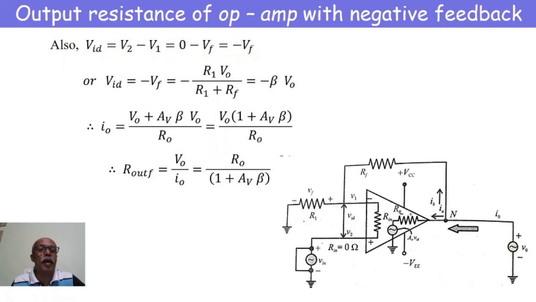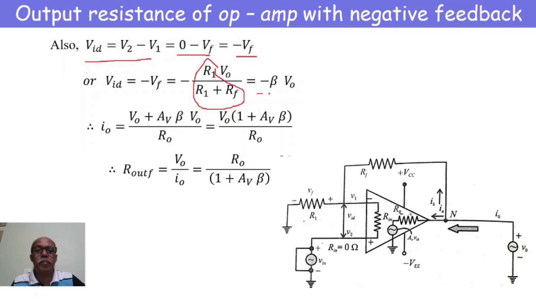Now, also we have VID equals V2 minus V1. That is equal to 0 minus Vf, which is minus Vf, since V2 is taken as equal to 0. And that VID is also equal to minus R1 into V naught divided by R1 plus Rf, where this term is taken as equal to beta.